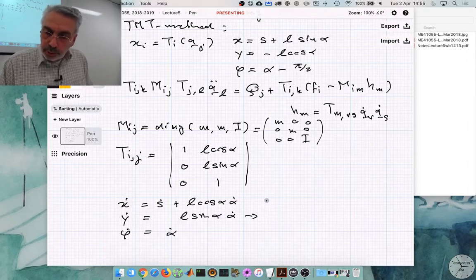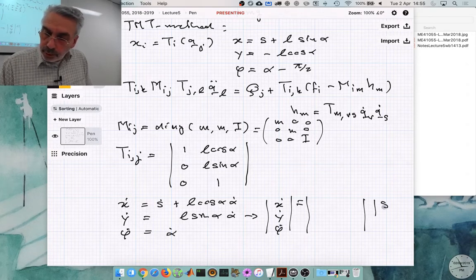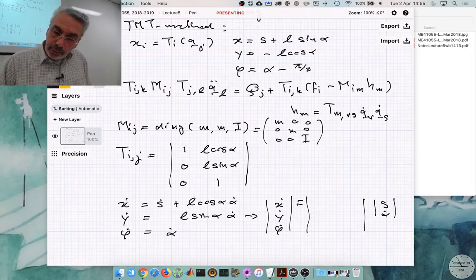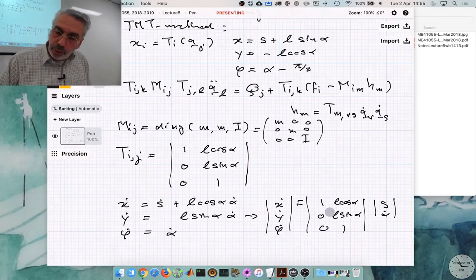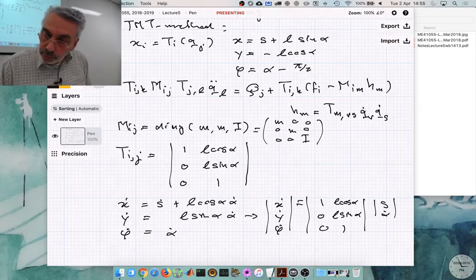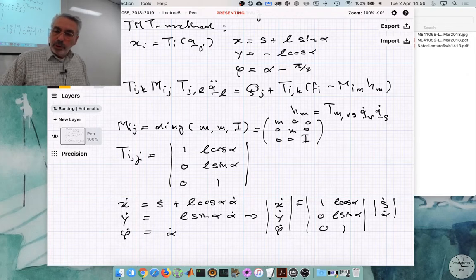And then I write it as a matrix equation: x dot, y dot, phi dot equals a matrix times s dot, alpha dot. The answer is totally identical with what I already have. It's just this Jacobian times the speeds. So, as you like it: either cook up immediately the Jacobian or write down these speeds and write them like that.